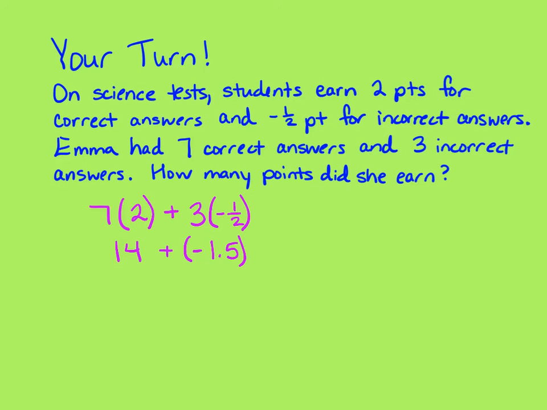So to think back to adding integers, if we're adding different signs, we actually subtract, 14 minus 1.5 is 12.5, and take the sign of the number that has the greatest absolute value. 14 is further from 0 on a number line than negative 1.5, and it's positive, so we leave this as positive 12.5, and we'll say there's 12.5 points that she earned.